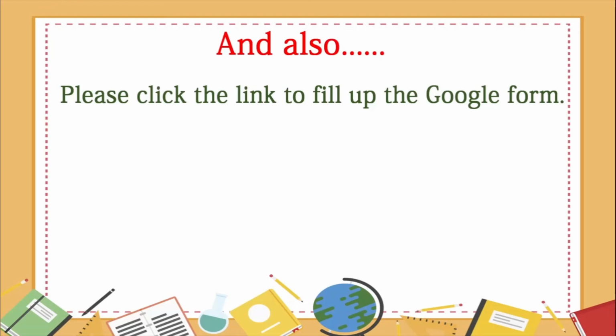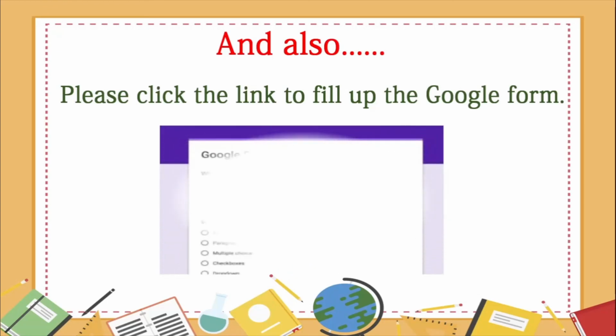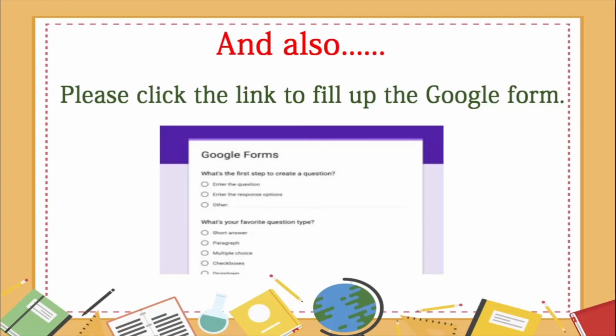So now what is the Google form, children? It is nothing but a simple form. There are a few simple questions there about the video which you just saw and also about yourself. So these are the tasks now that you will have to complete after you watch each video.